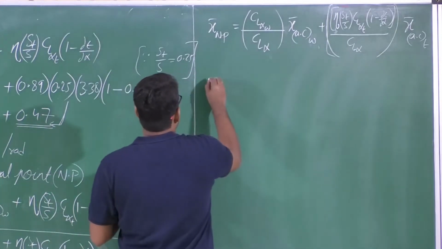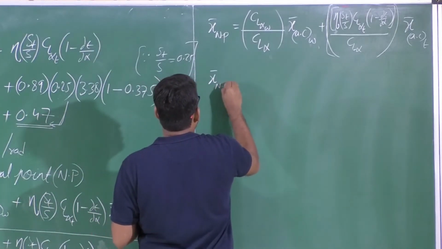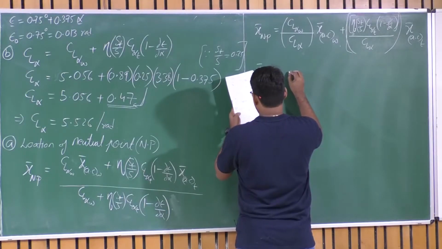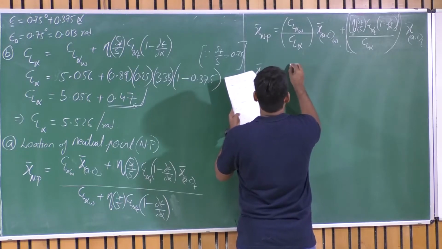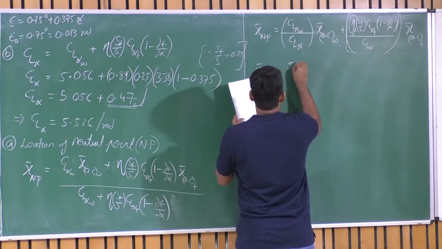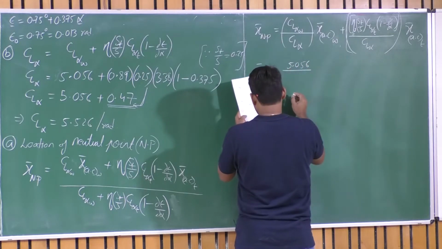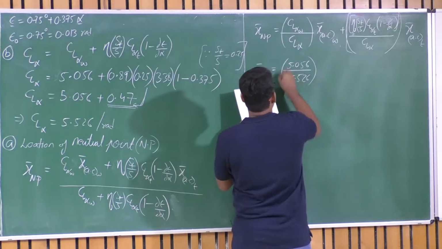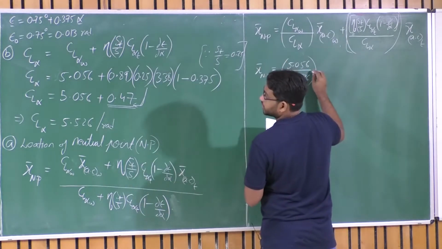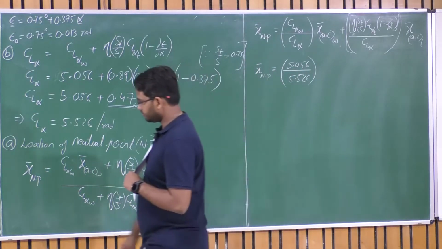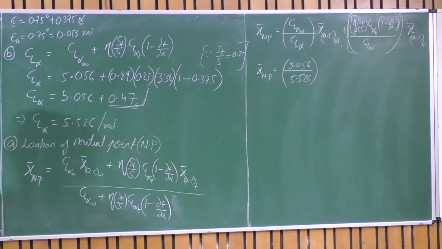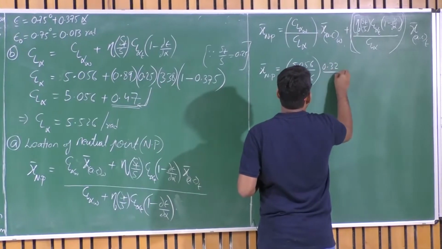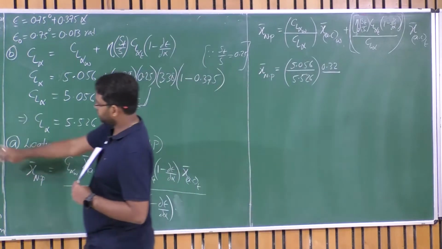So x bar NP equals 0.056 upon CL alpha, which is 5.526, multiplied by XAC, the location of the aerodynamic center, which is 0.32 upon c bar. C bar is given as 1.2 meters.